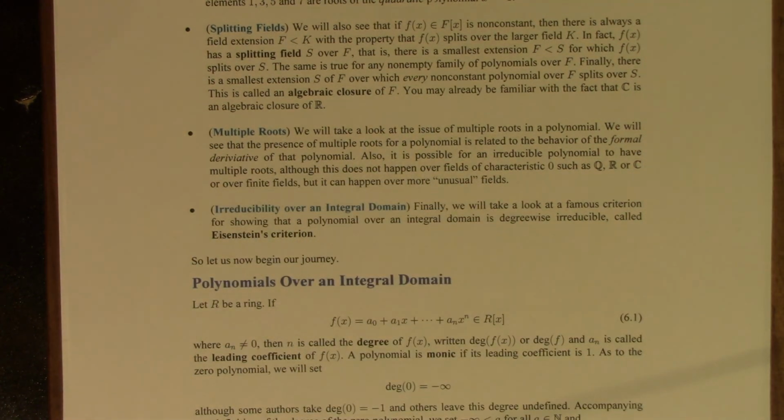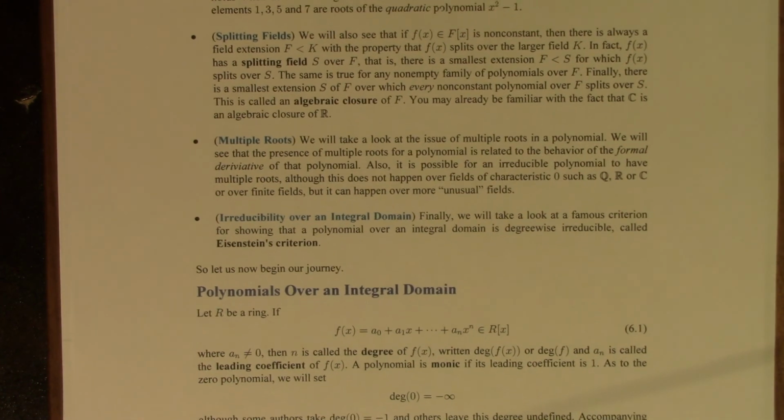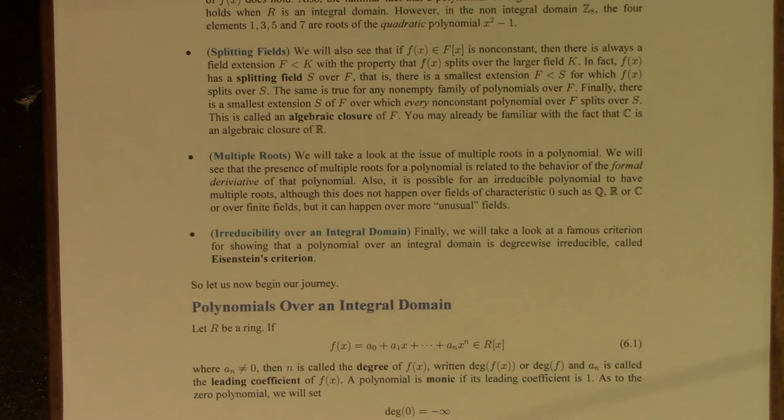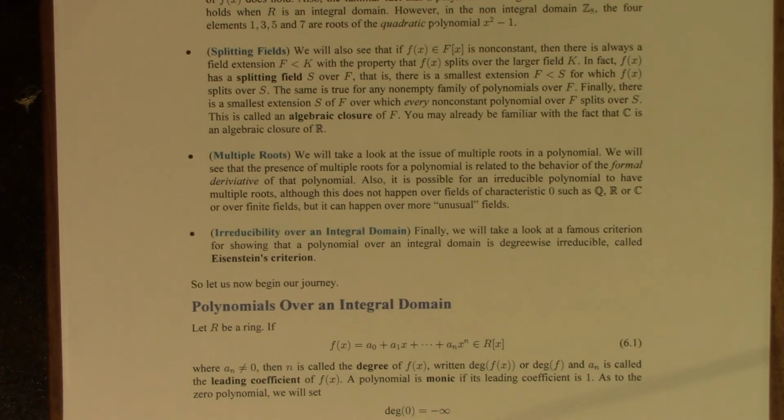Multiple roots. We will take a look at the issue of multiple roots in polynomials, and we're going to see that the presence of multiple roots for a polynomial is actually related to the behavior of the formal derivative of that polynomial. No limits, we don't need them. Just derivative of x to the n is n x to the n minus 1. Also, it is possible for an irreducible polynomial to have multiple roots.